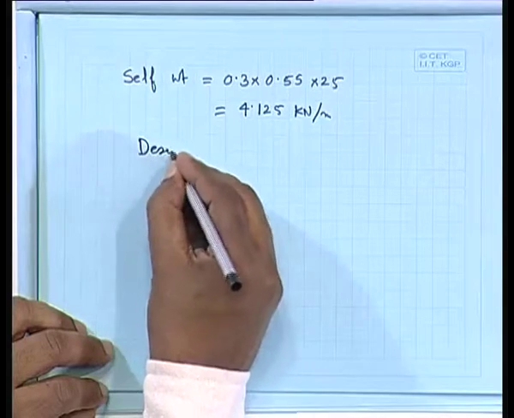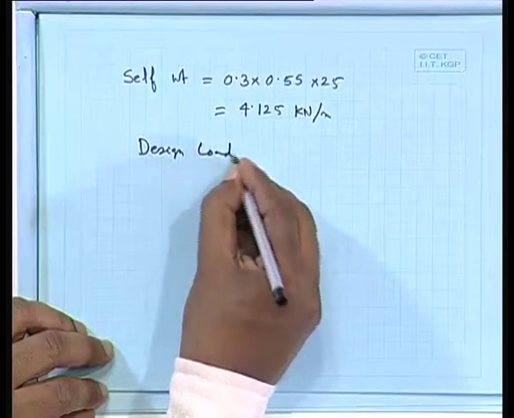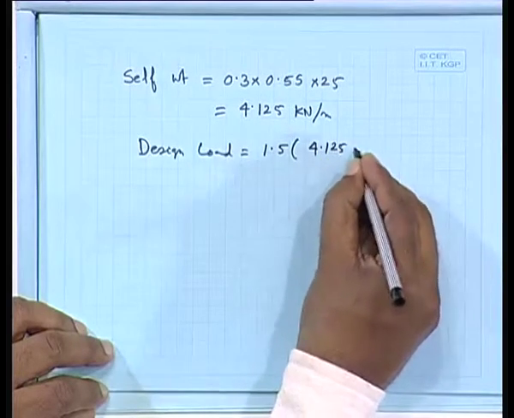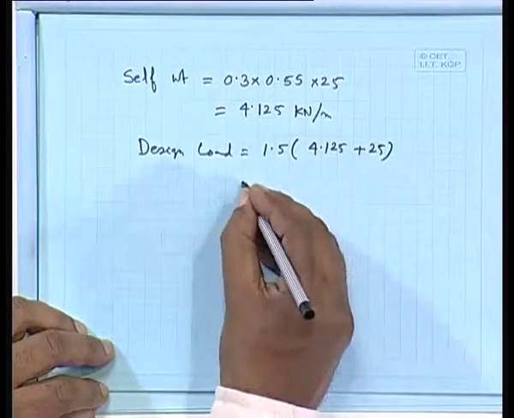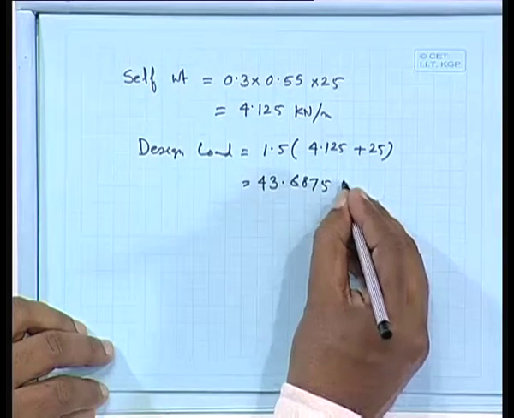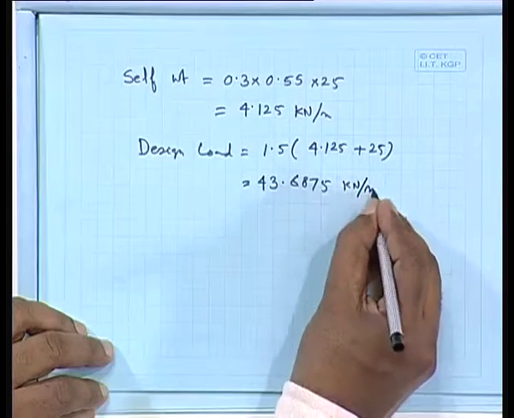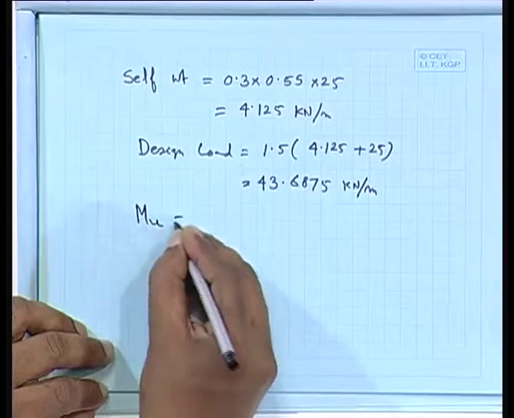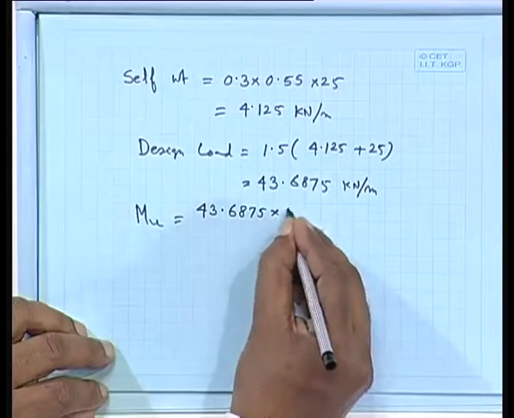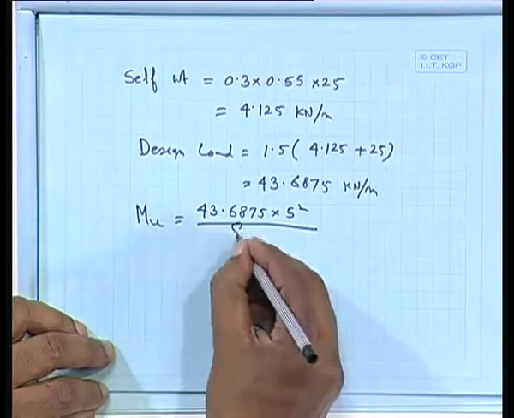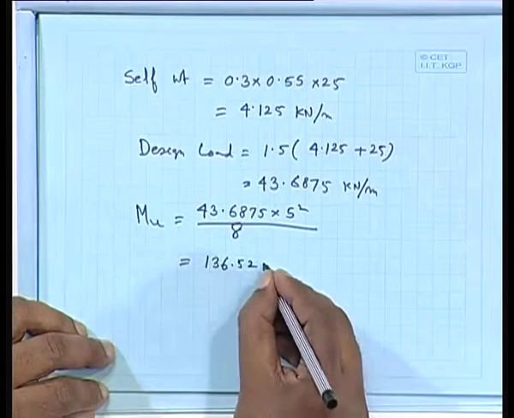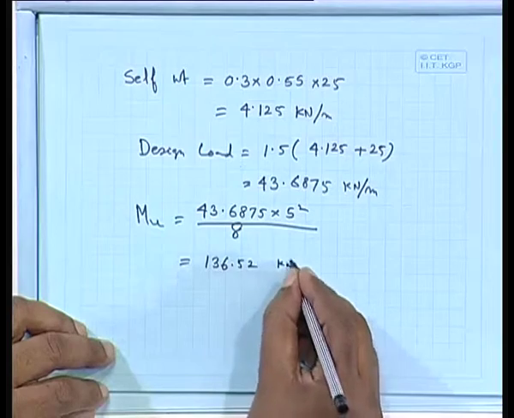Design load equal to 1.5 times 4.125 plus 25 equals 43.6875 kilonewton per meter. MU equal to 43.6875 times 5 square divided by 8 equals 136.52 kilonewton meter.